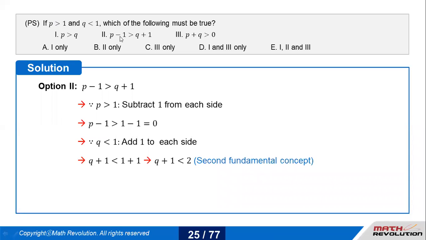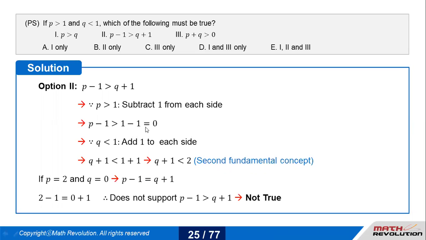How will I make P minus 1 out of it? By subtracting 1 from both the sides. So that makes it P minus 1 is greater than 0. The second inequality is Q is less than 1. So if I add up 1 on both the sides, it becomes Q plus 1 is less than 2.